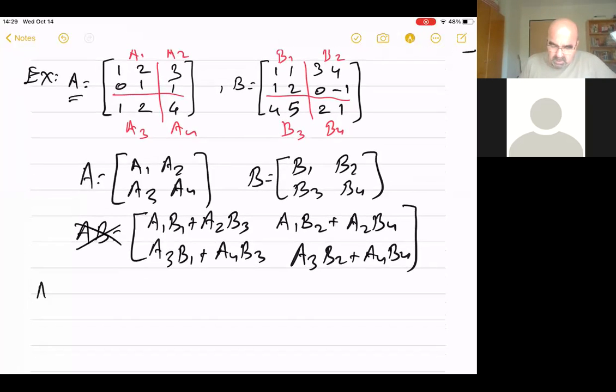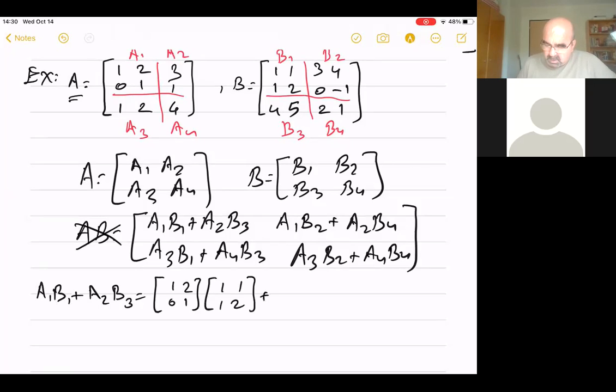A1 B1 plus A2 B3. Let's compute. A1 is 1, 2, 0, 1 times B1 is 1, 1, 1, 2, plus A2 is 3, 1 times B3 is 4, 5.